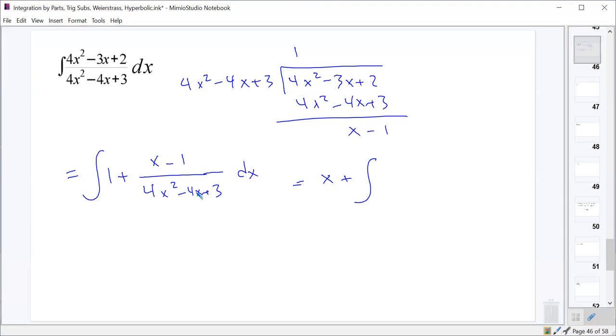A lot of times it's nice to have a perfect square in the denominator if possible. We know that 4x squared minus 4x plus 3 doesn't factor, but is there a perfect square trinomial within that, with the 4x squared minus the 4x plus something else?